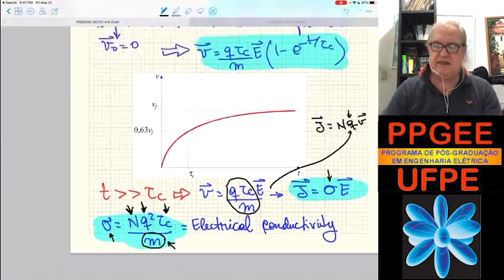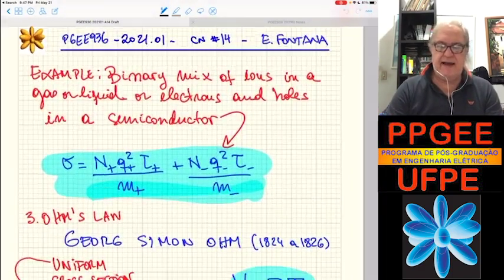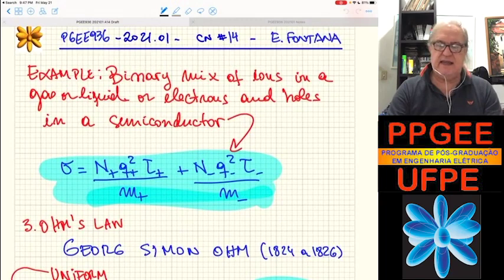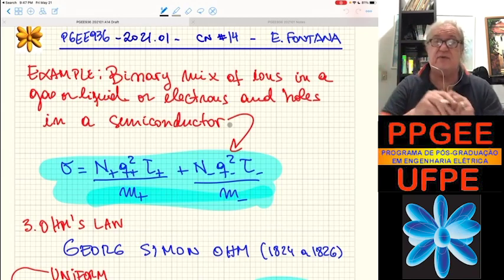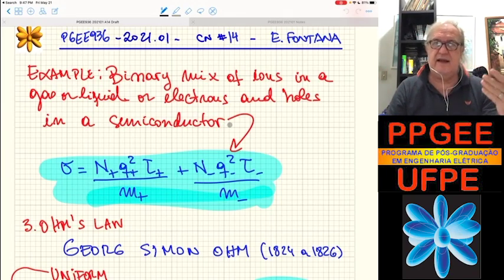If you have, for instance, a binary mix of ions in a gas or liquid, right? Or if you have electrons and holes in a semiconductor, if you go back to the derivation, you have two different groups. You can include this additional group to determine the current density.